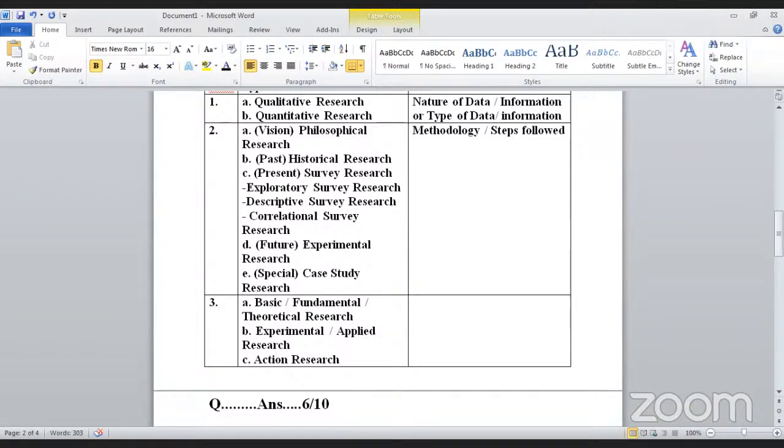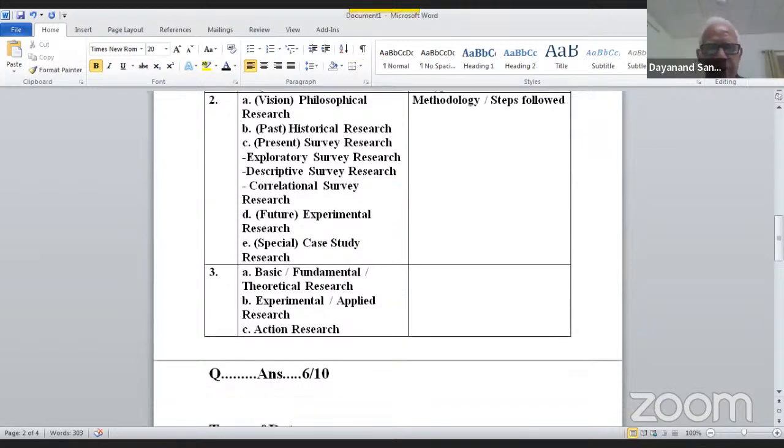See, action research is, for example, if your college students go on strike, then your principal and management will talk to the students and find the solution. Now, another college's students have gone on strike. Can the same solution be implemented in that college? Is it possible or not?